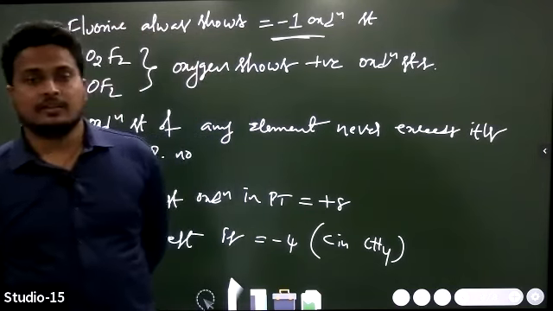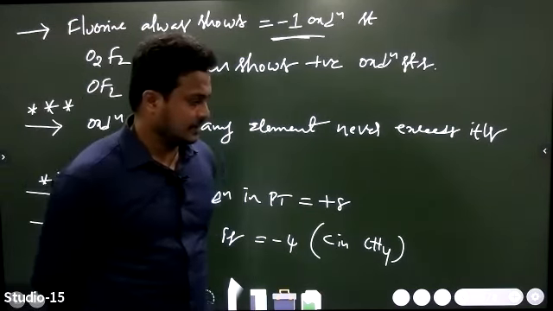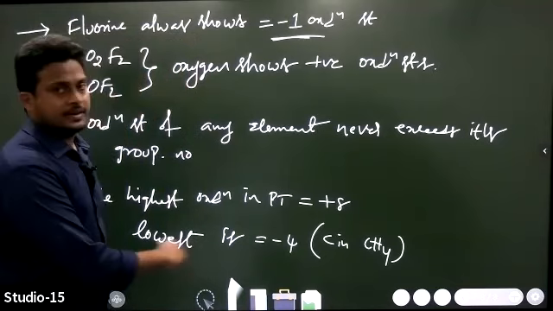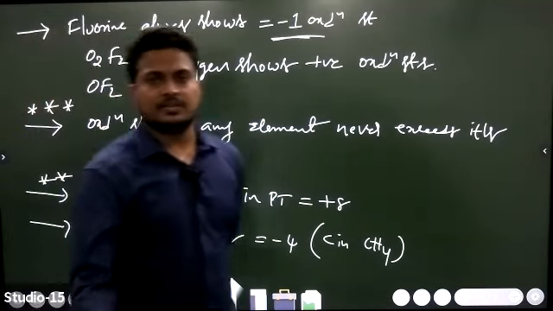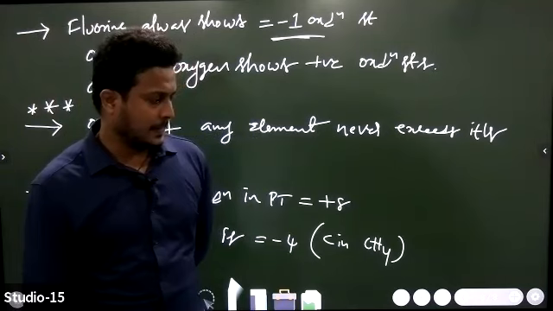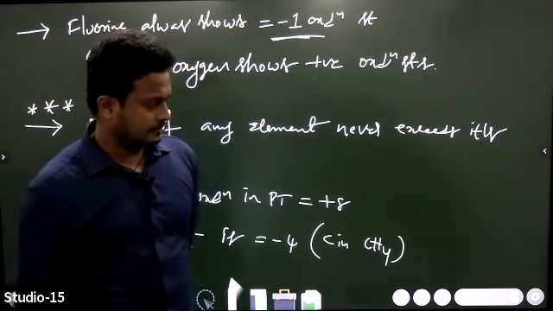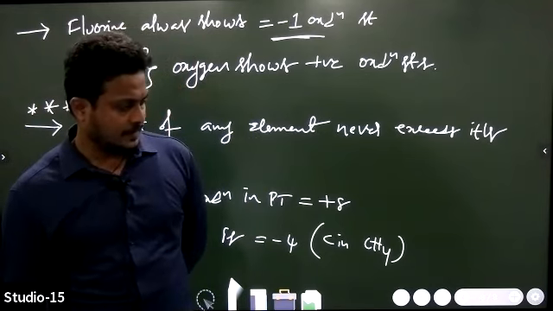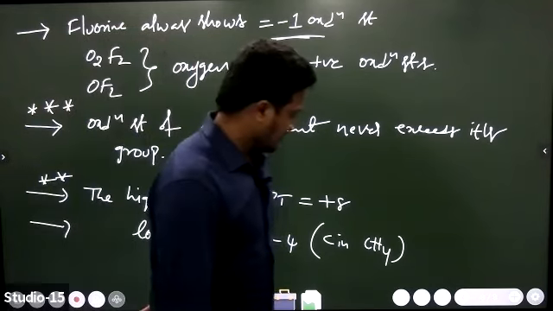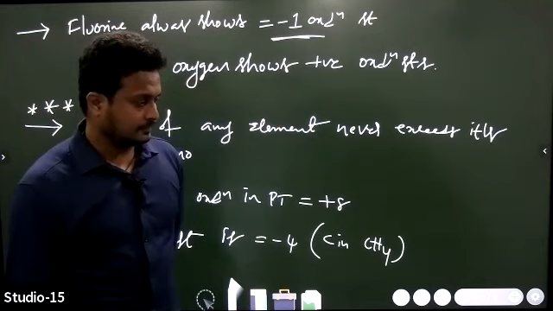The calculation of equivalent weights, the same applications of oxidation states, and balancing of redox reactions we will do in the next class. Up to here, does anyone have a doubt? Ask me now.